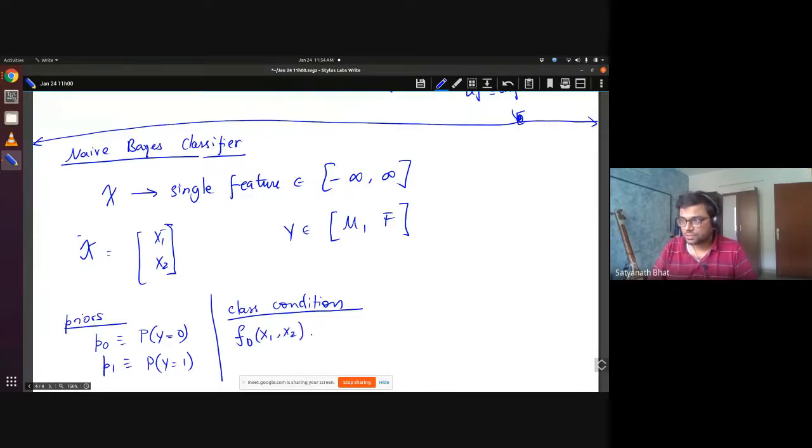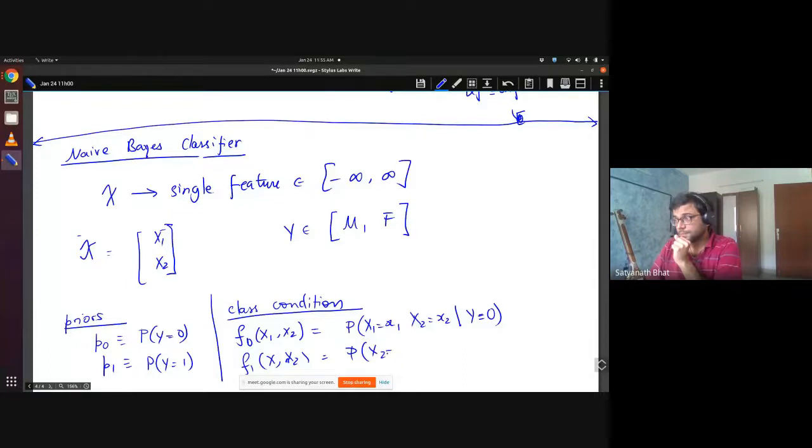F0 of x1 and x2 is going to be the joint distribution, right? So let's say x1 equal to small x1 and x2 equal to small x2, given y equal to 0, and similarly you will have two things for y equal to 1.